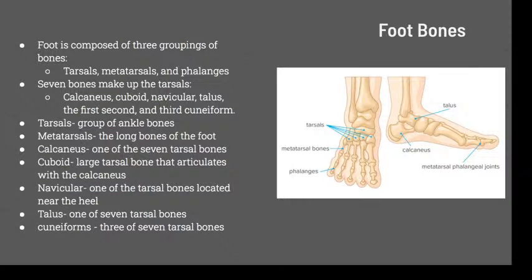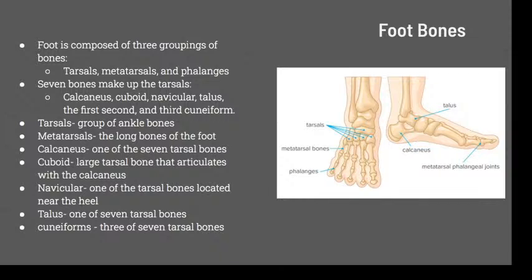And finally, we have the foot bones. The foot is composed of three groupings of bones called the tarsals, metatarsals, and phalanges. Seven bones make up the tarsals: calcaneus, cuboid, navicular, talus, and the first, second, and third cuneiforms.